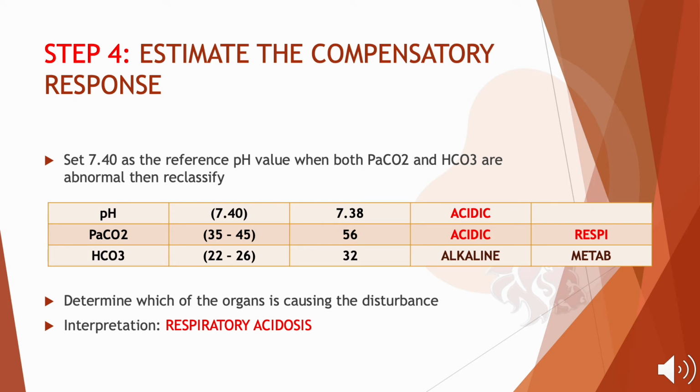Now, of the two systems, the respiratory system is the one causing this acidosis. Remember that if the pH and the partial pressure of carbon dioxide move in opposite directions, then a respiratory disturbance is present. In this case, the pH went down and the partial pressure of carbon dioxide went up, so there is a respiratory disturbance. Having said that, we have a respiratory acidosis as the primary problem in this ABG.